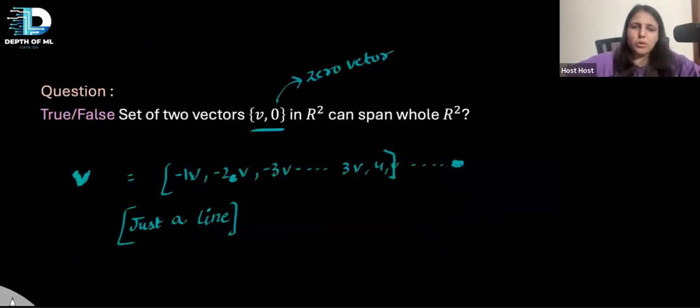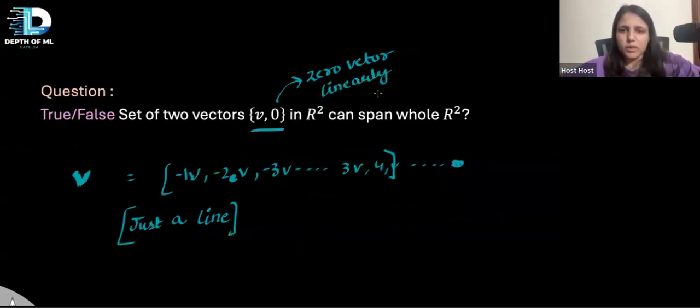So because this is a 0 vector, this set becomes linearly dependent.